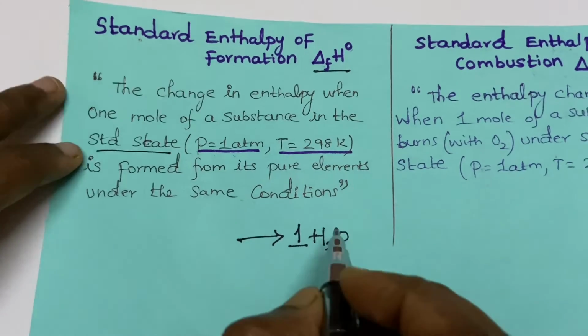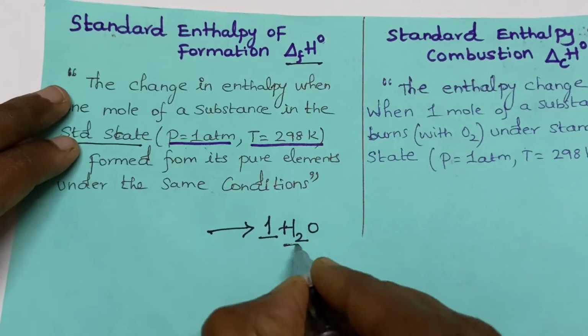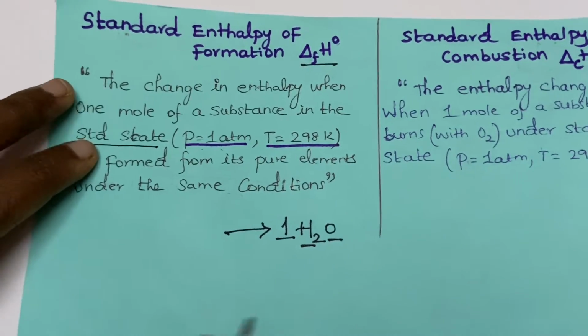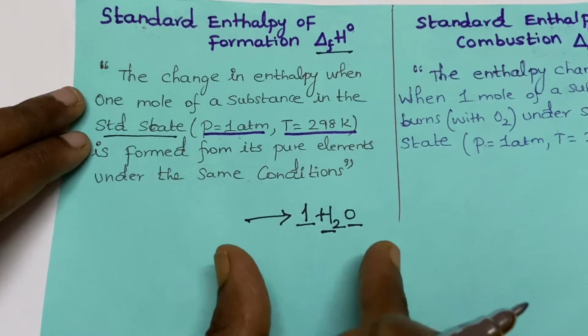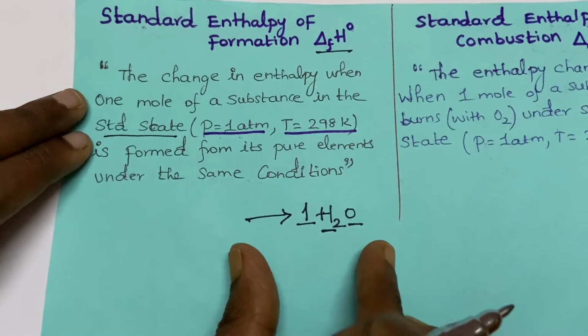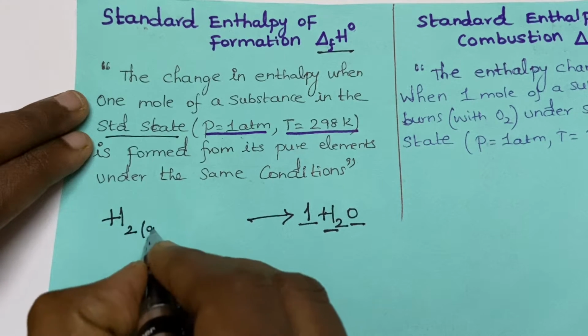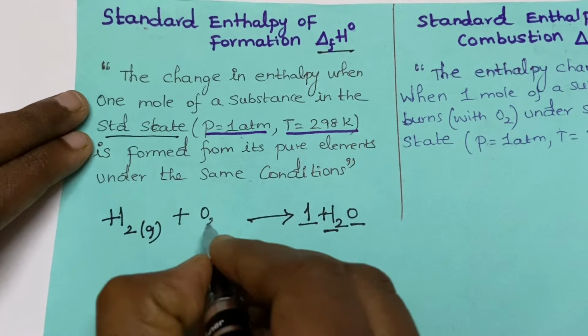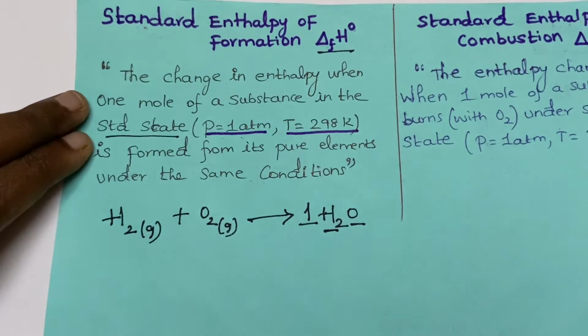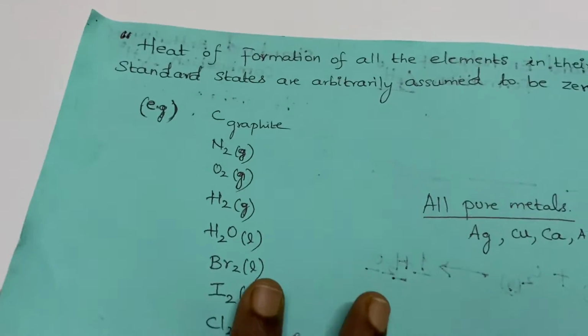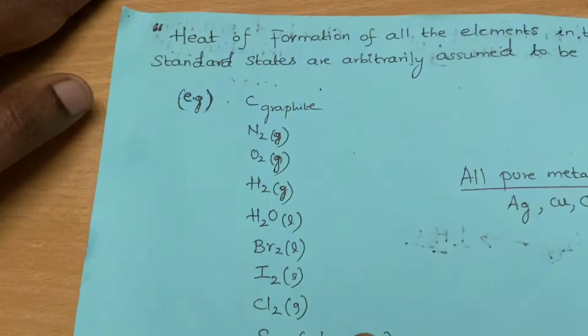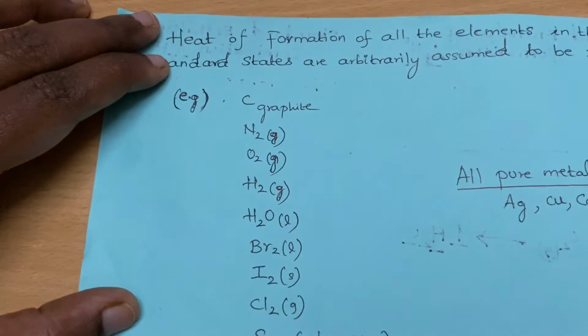So what are the ingredients here? Hydrogen and oxygen. What I can choose as reactants is only the elements in their pure form. How do I know this? There are some pure elements which we have arbitrarily assumed to be 0.